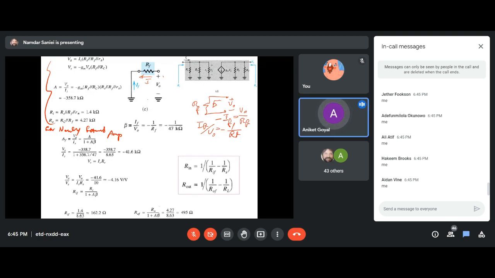So, sir, this R in, R out, are these like the formulas we have derived from the previous lectures? 1 by RIF minus 1 by RS? Which one are you, R in, R out? The R in, R out which we got. You mean not these, but these here? In the box. Oh, in the box. You probably missed the one that we talked about.